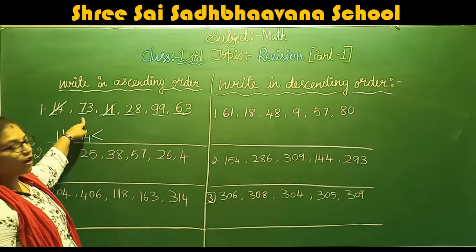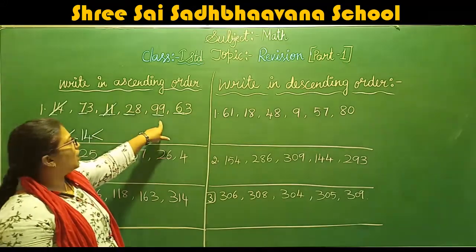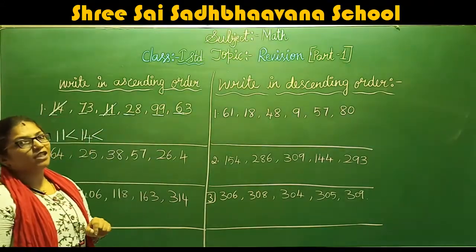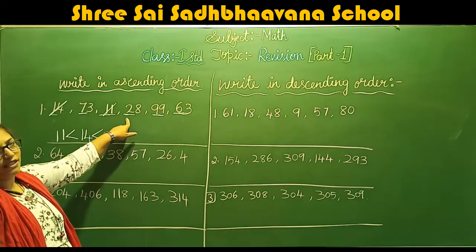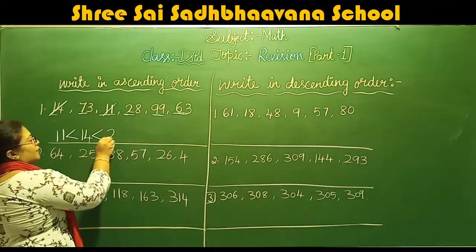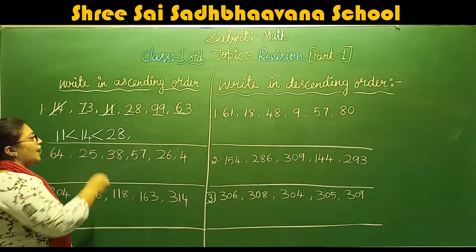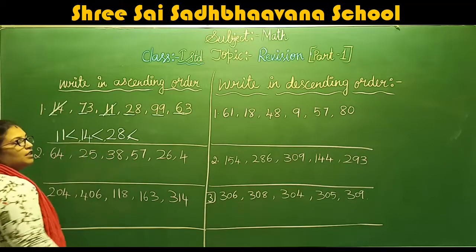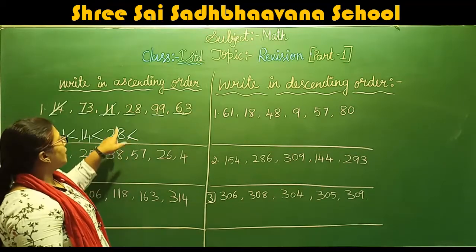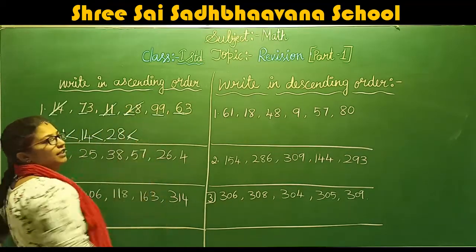Now we are left with 7, 2, 9, 6. In this, which is the smallest number? 2 is the only smallest number. So what you have to write? You have to write 28. So 28 is finished.